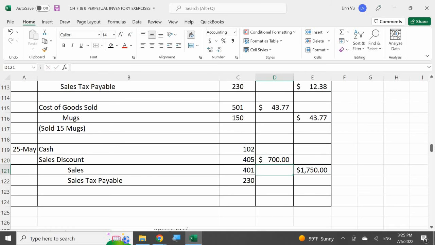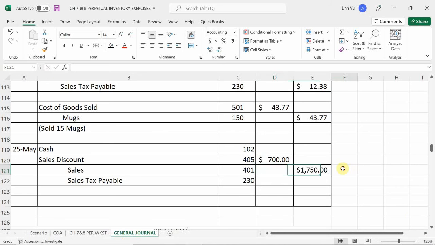Okay? So this is where the sales tax is going to be calculated after the discount. You could use the side of your journal here. How much is the actual total amount of sales you have now after the discount? In this case, 1050: you got 1750 minus 700, you have 1050 left.